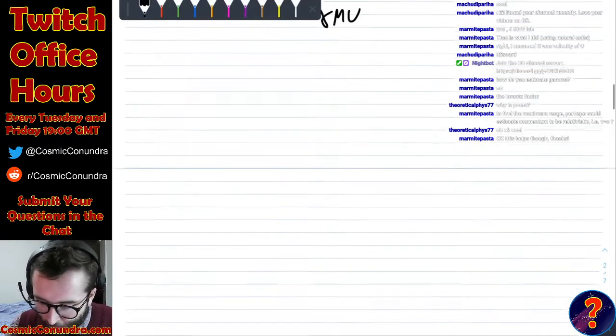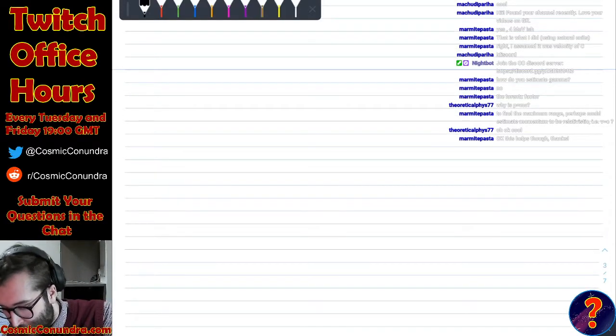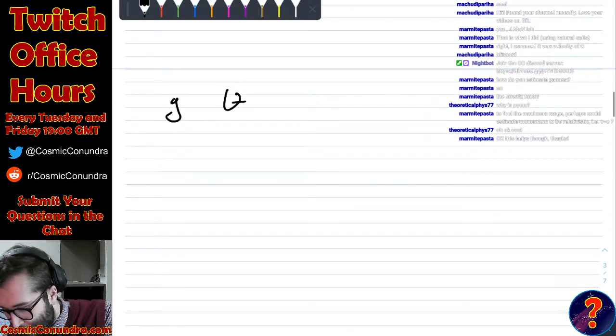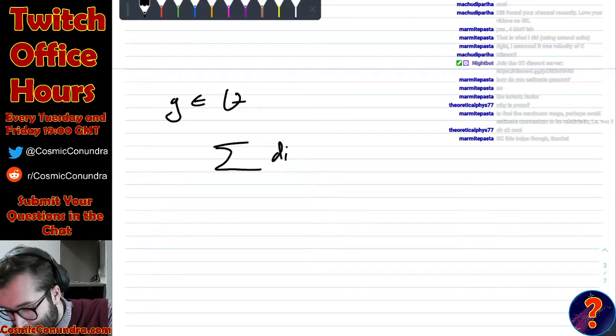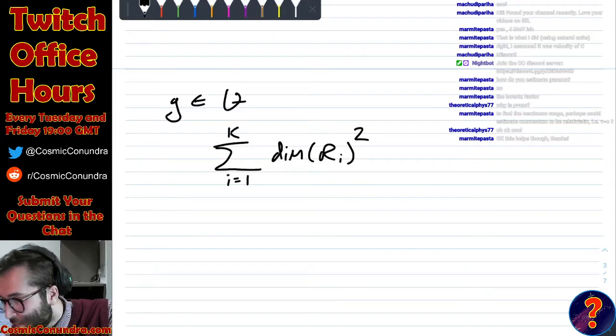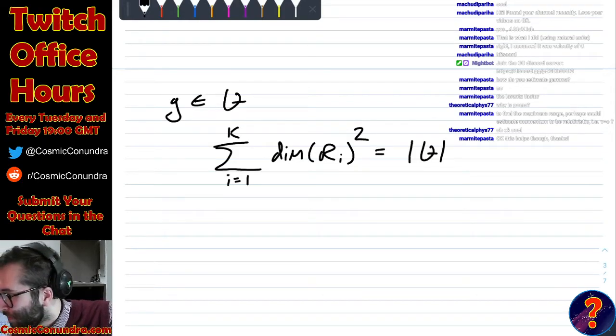So if you have a group G, with all our group elements being elements of some group G, and you have your irreducible representations of this group, then the sum over the dimensions of these different irreducible representations, up to some maximum value, the sum over these dimensions squared, is equal to the order of the group.